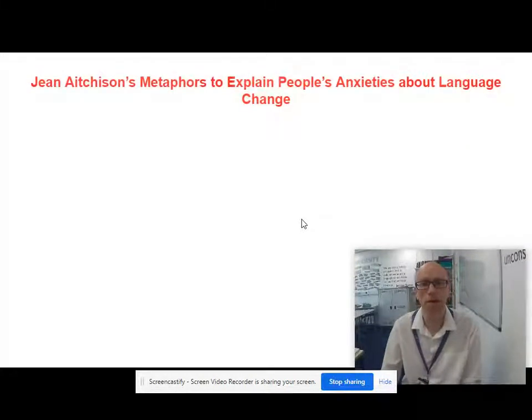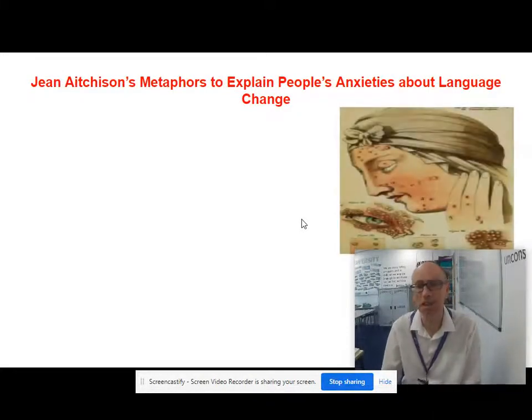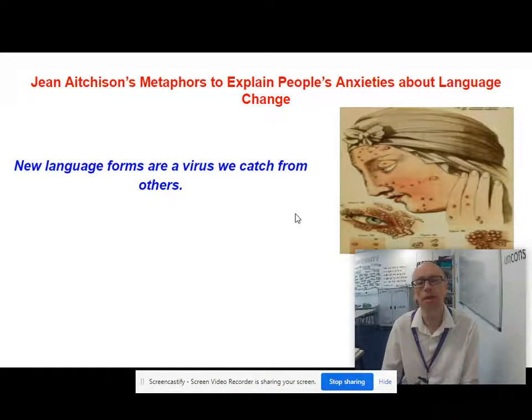And then finally, we have our infectious disease. Look at that. We know all about this, infectious diseases. This is the idea that we catch new language forms from others, and it's a kind of virus, whether it be American English forms or forms from other cultures like Jafaican, or maybe we are catching it from communication technology forms.